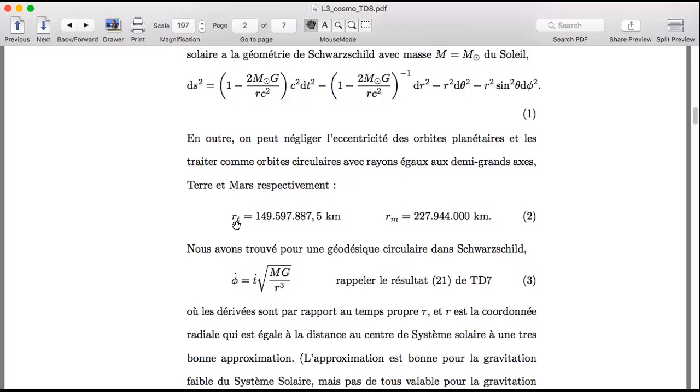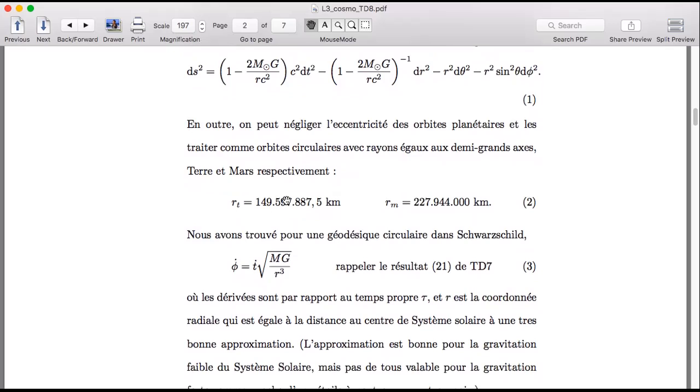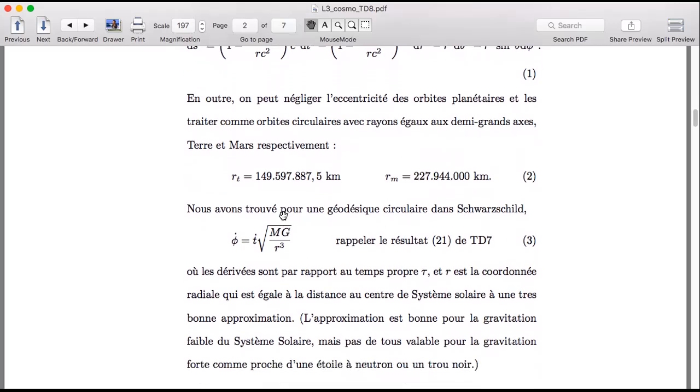I needed indices to distinguish the Earth and Mars, so I'm using T for Terre and M for Mars here, and let's just pretend those are constants. In other words, circular orbits.